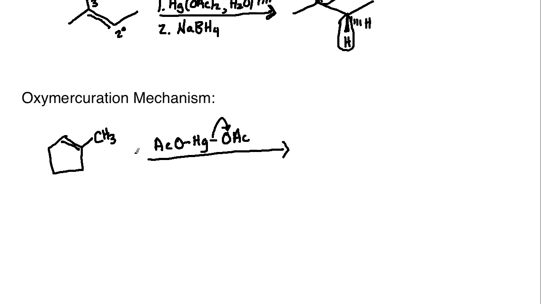But as that happens, you're going to get the pi electrons reaching out to the mercury, which would be starting to build up positive charge. And that mercury does have some electron density to it, being that it's one of the larger transition metals. That's going to be able to send that right back here. And so we get the 3-membered intermediate that we are familiar with at this point.